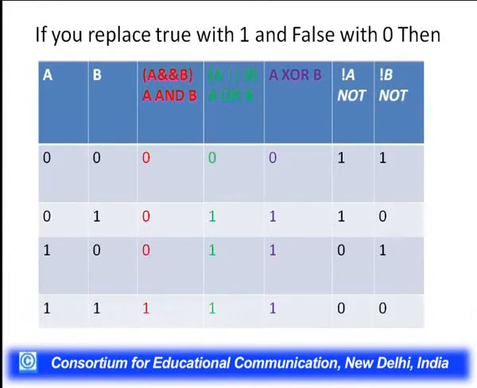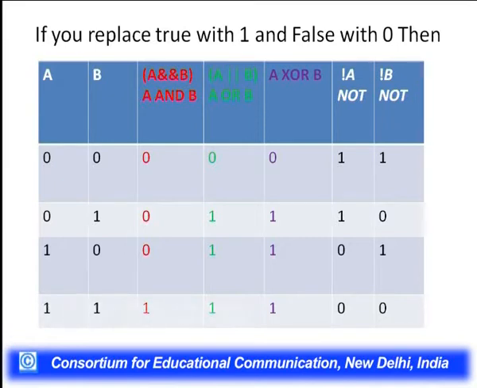Now that table can be converted into 0 and 1. If you replace true with 1 and false with 0, the previous slide's table is converted to this type of table: A, B, 0, 0. In the case of 0, 0, if you apply the AND operator, the result is 0, indicated in red.